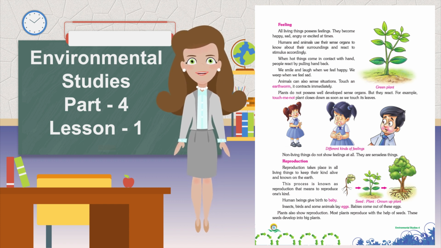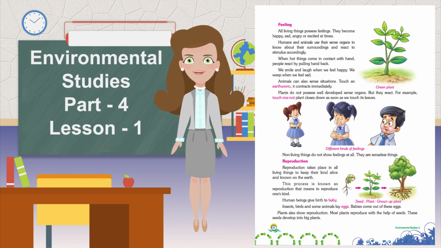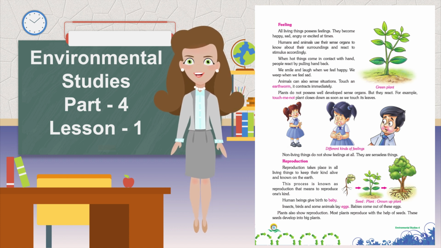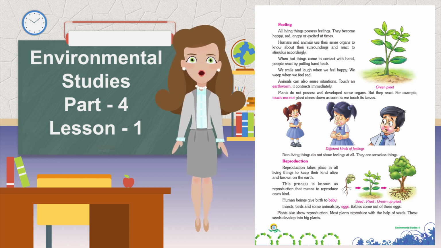Reproduction. Reproduction takes place in all living things to keep their kind alive and known on the earth. This process is known as reproduction, that means to reproduce one's kind. Human beings give birth to babies. Insects, birds and some animals lay eggs.